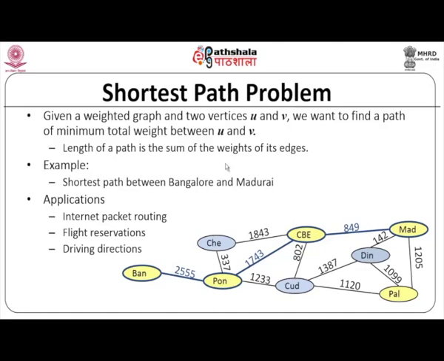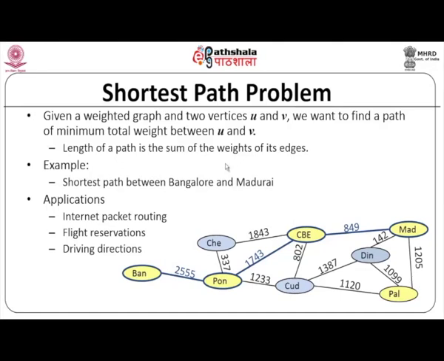Sometimes it is called total weight, sometimes length, sometimes distance, it does not matter. The length of the path, the total weight, is the sum of the weights of its edges. That is how we are defining the minimum. We say distance because we are talking about shortest.